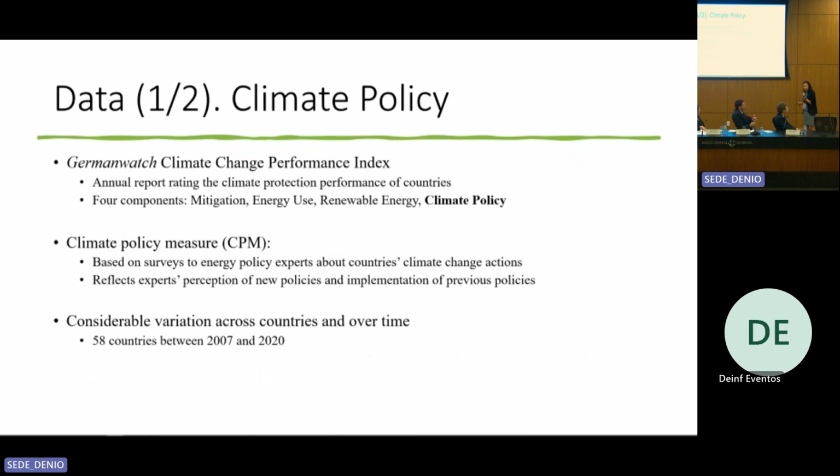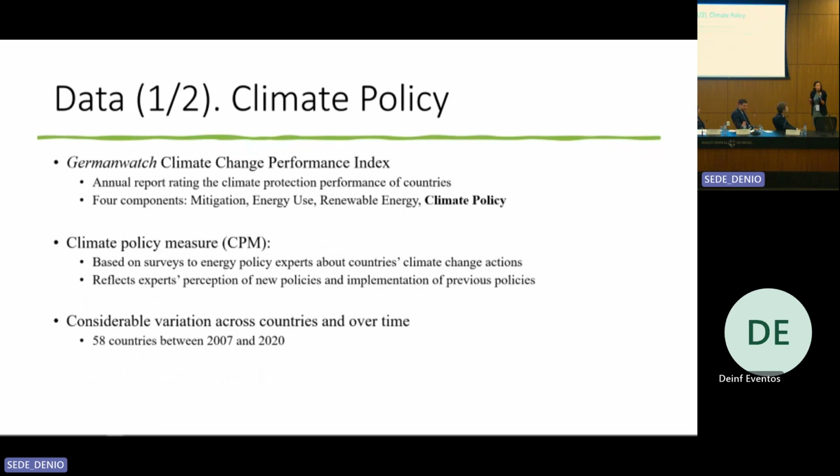Mainly, they focus on four components. The first one is climate mitigation. The second one is energy use. The third one is renewable energy use. And the fourth is climate policy. For us, we're going to be focusing on climate policy.